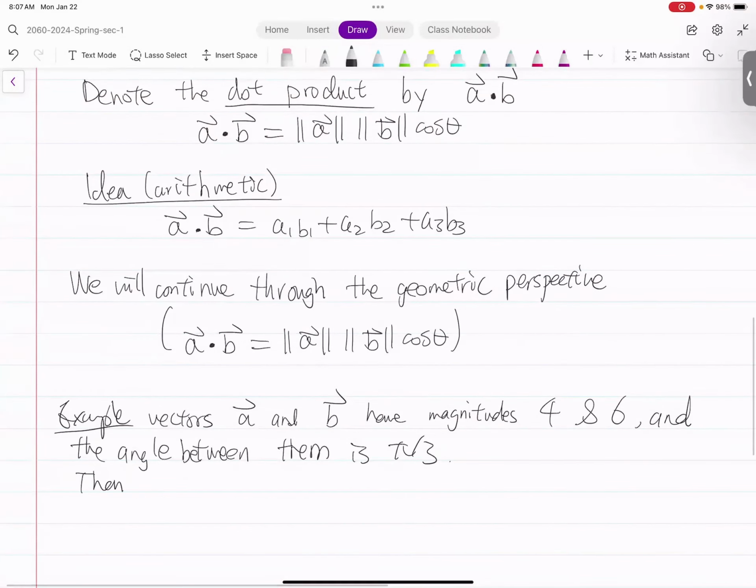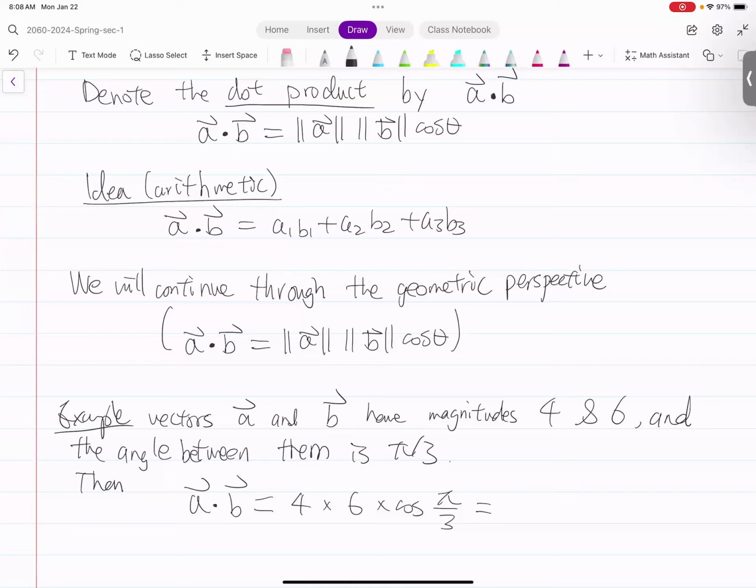Then we want to calculate the dot product, okay? So by definition, that's the magnitude of the first vector times the magnitude of the second vector times, now the definition is that it's a cosine of the angle cut between the vectors, right? So it's cosine of pi over 3.